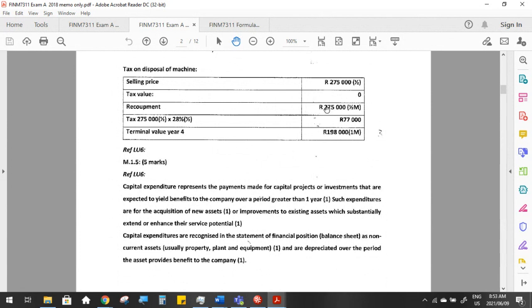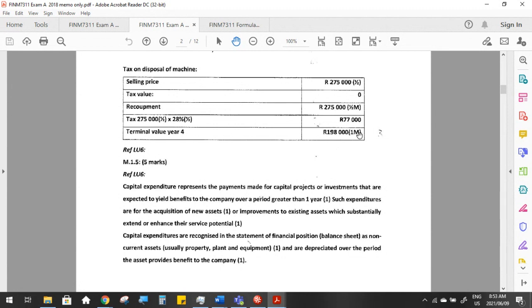So we need to include that 275 in our taxable income. So the after-tax effect of that 275 cash inflow is then 198, because we'll have to pay 77,000 Rand tax on that 275. So the terminal value is then a net cash inflow of 198.